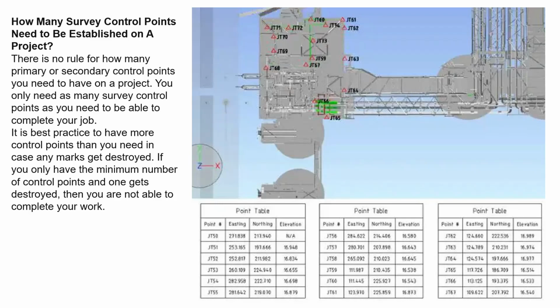You only need as many survey control points as you need to be able to complete your job. It is best practice to have more control points than you need in case any marks get destroyed. If you only have the minimum number of control points and one gets destroyed, then you are not able to complete your work.